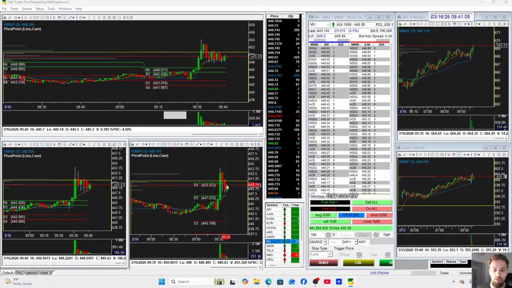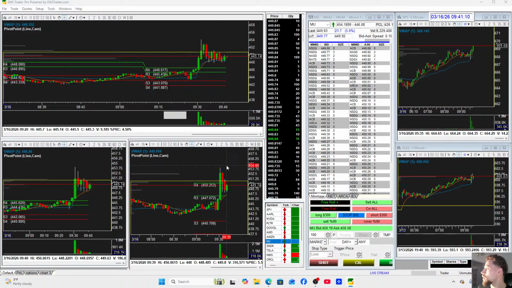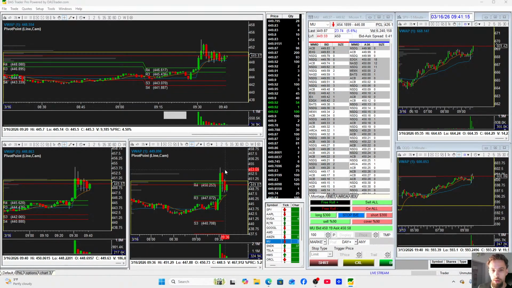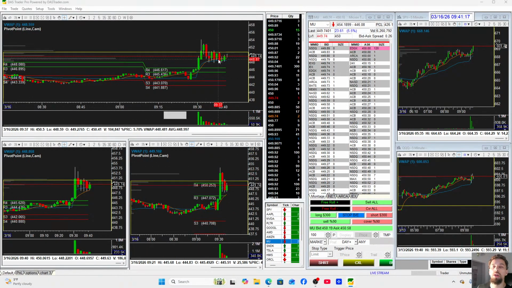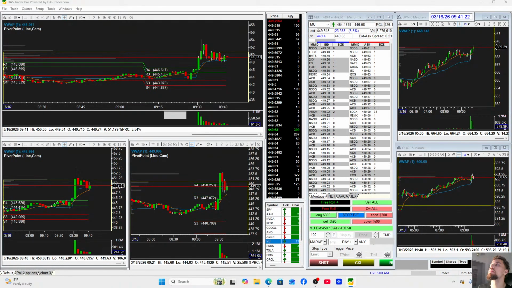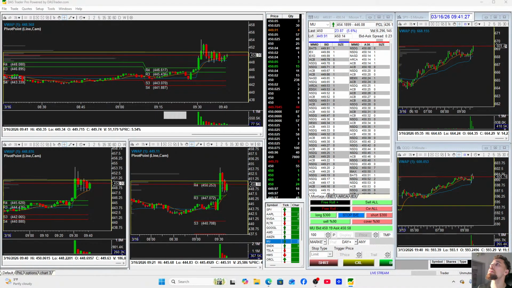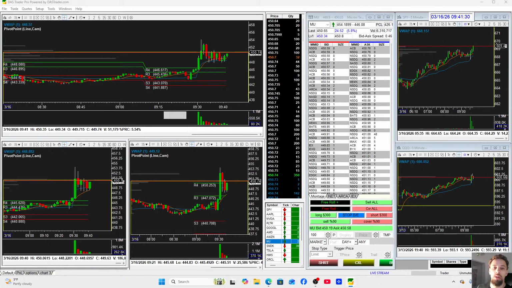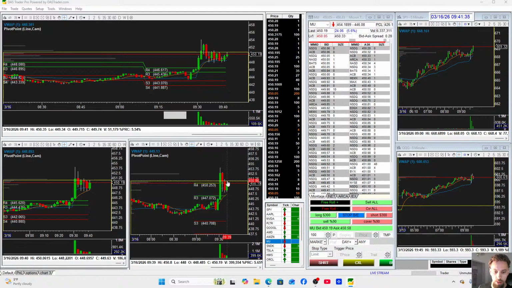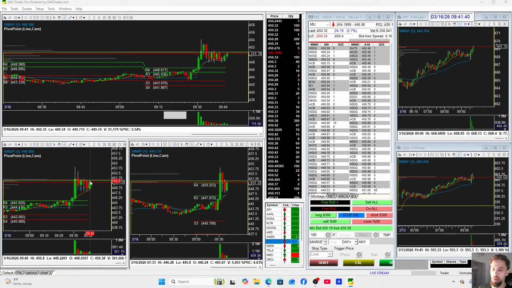I just need to see confirmation on the volume and the tape. SNDK is very bullish. MU's making a bit of a bull flag, so it's a good sign. $450 seems to be a significant area of resistance here. Okay, it seems to be pushing up. But at least thinking about it, volume's increasing on the 2-minute chart here.